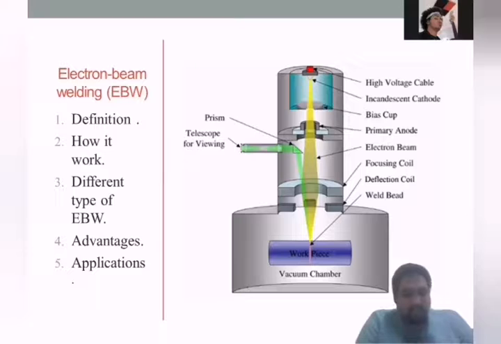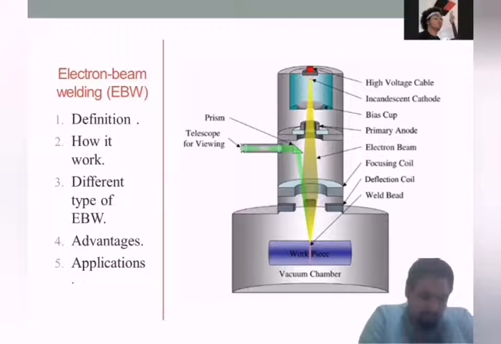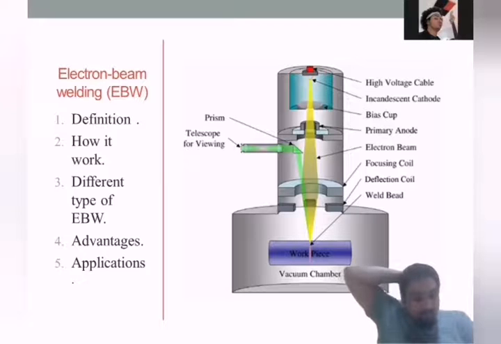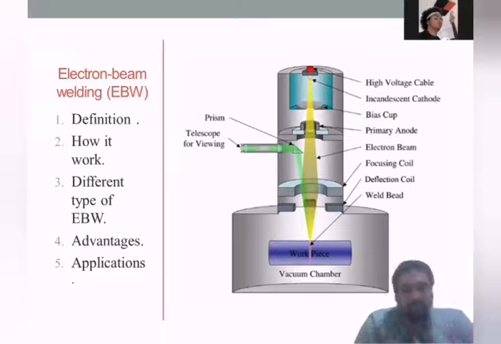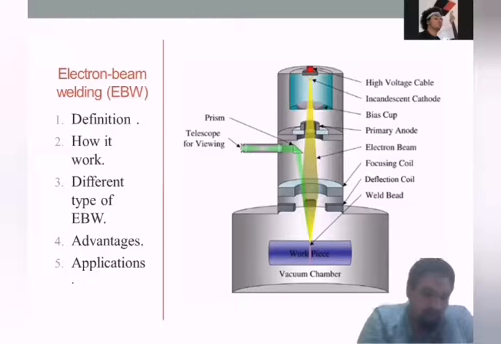The second type is medium vacuum electron beam welding, and the last type is non-vacuum electron beam welding. It is a specific type where some workpieces don't need a vacuum to work on them.